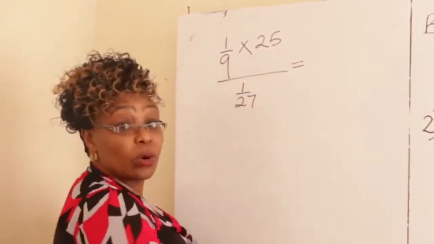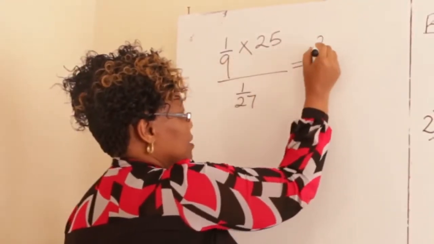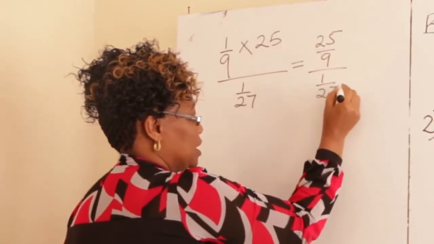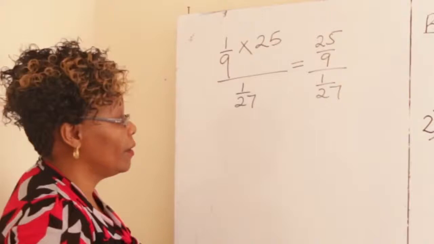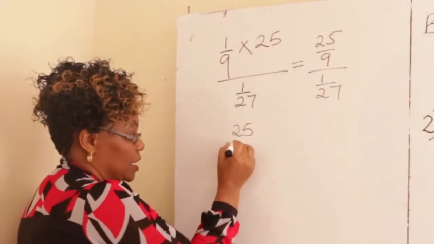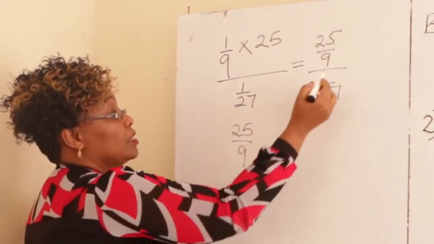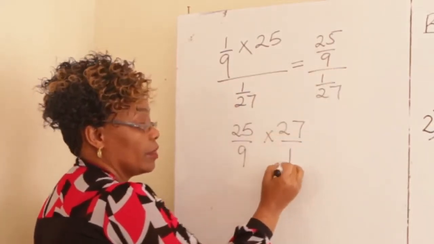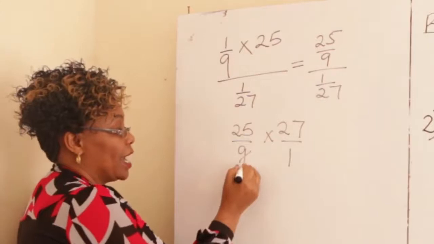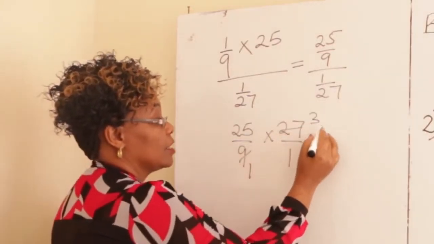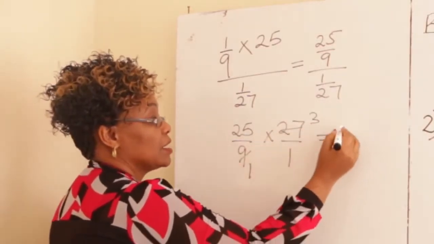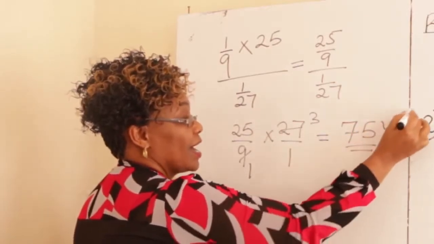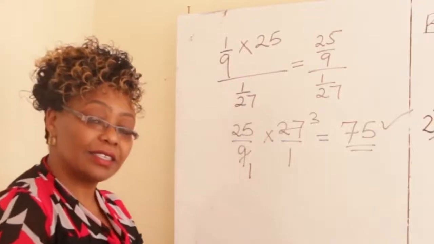You can multiply these to get 25 over 9. Then you divide by 1 over 27. This means you multiply with the reciprocal. So 9 and 9 cancel, 27 divided by 9 gives 3. So 25 times 3 gives us 75. And that is the answer.